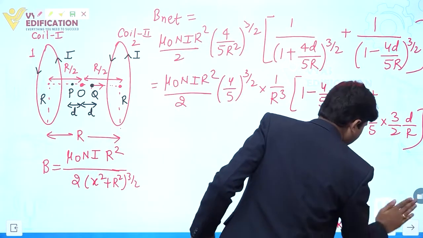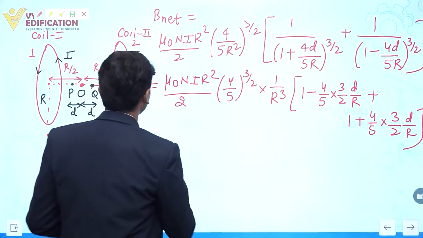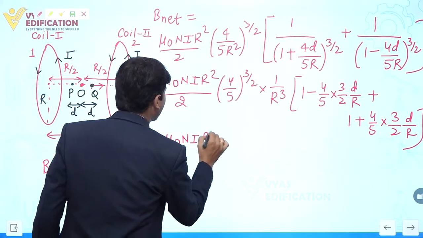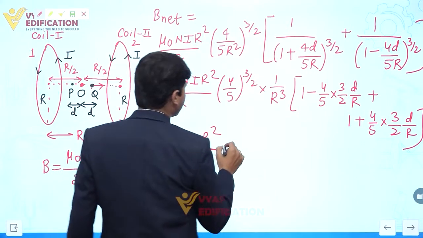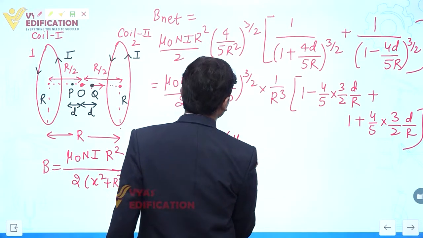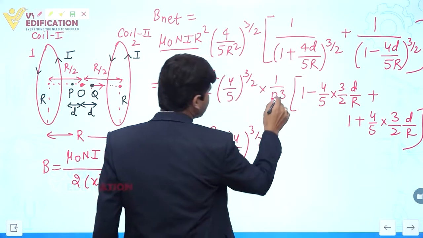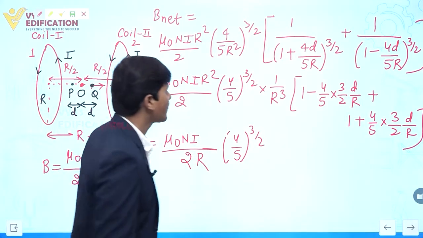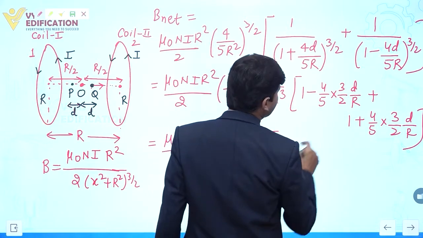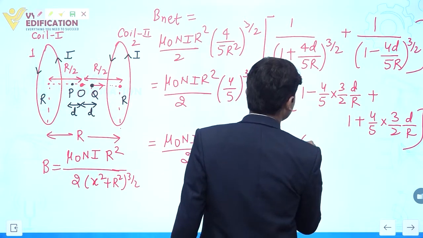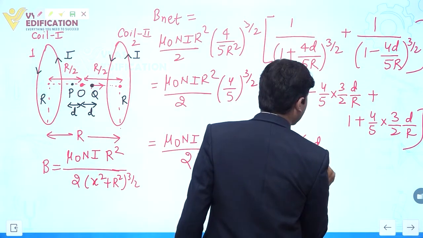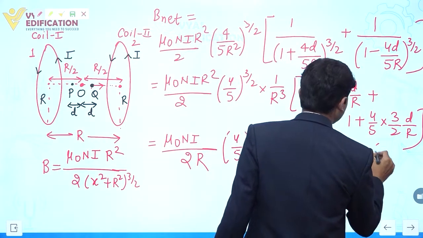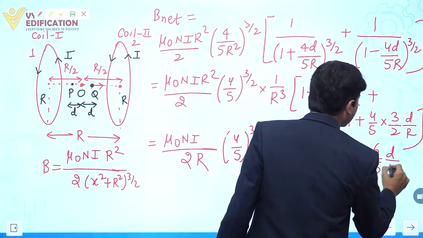Now we can write the value of B net, this one, is given by mu naught Ni r square divided by 2. Clear? Here we have 4 by 5 power 3 by 2. Actually here we have r cube, so it is equal to 2r. Now from here you can see 1 minus 6 by 5 d by r, then plus 6 by 5 d by r.